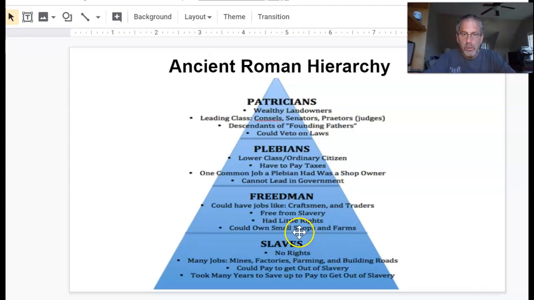The freedmen, free from slavery, had little rights, but they could own small shops and farms. And at the bottom of the Roman hierarchy were slaves, who had many jobs like mines, factories, farming, building roads. They could pay to get out of slavery, but it took many years to save up. So that really concludes social hierarchy.